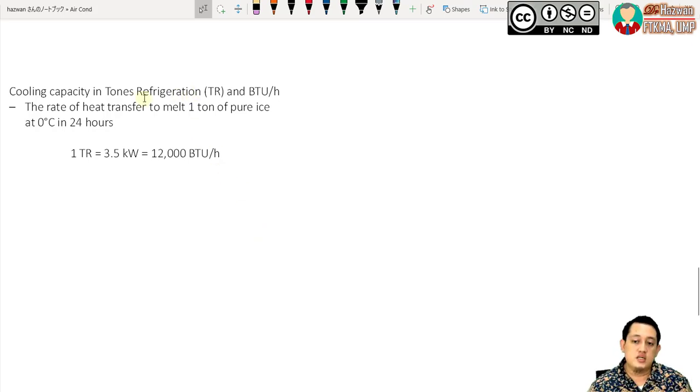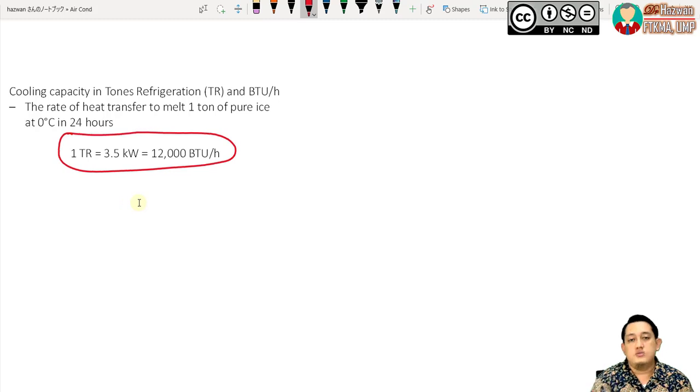Tons refrigeration here is the rate of heat transfer to melt 1 ton of pure ice at 0 degrees Celsius in 24 hours. BTUH here is another unit. The relation here is: 1 TR is equal to 3.5 kilowatts, which is equal to 12,000 BTUH.